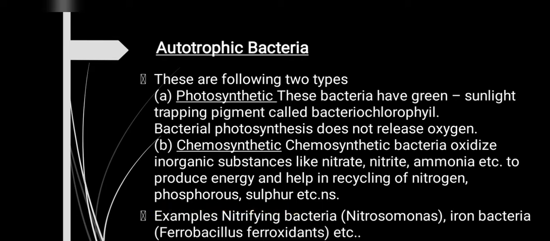The cycling of nutrients between the biotic and abiotic components takes place with the help of these chemosynthetic bacteria. Examples are the nitrifying bacteria, which help in nitrogen fixation, that is Nitrosomonas, and the iron containing bacteria, Ferrobacillus, Ferrooxidans, etc. So these are the two types of autotrophic bacteria, that is photosynthetic and chemosynthetic bacteria.